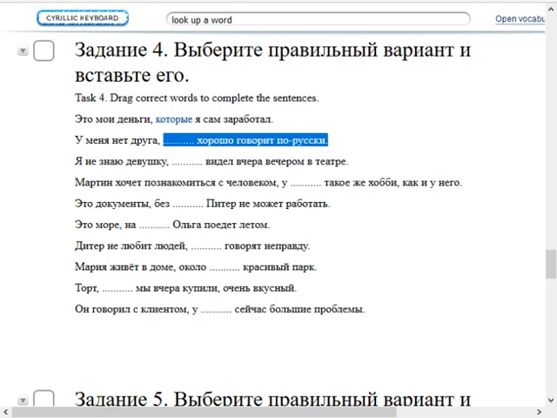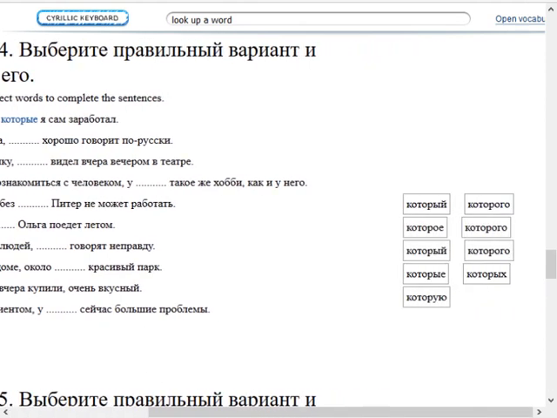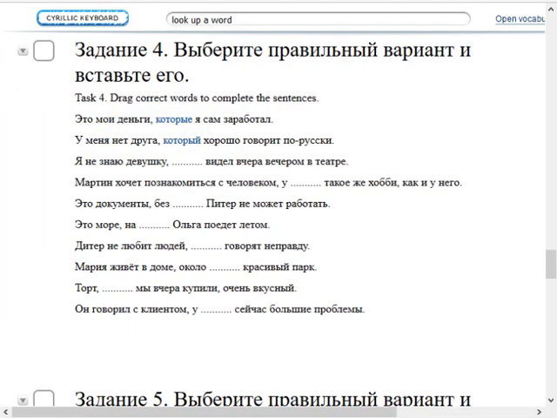So in the second part of the sentence, the girlfriend, the theoretical girlfriend who doesn't exist, suddenly becomes the actor. She's speaking Russian well. Even though he doesn't have such a friend, the point is that in this part of the sentence, the theoretical person is the one doing something. So what's the correct, hold on, let me just check my answers here because I don't want to make a mistake. So the correct answer here is который.